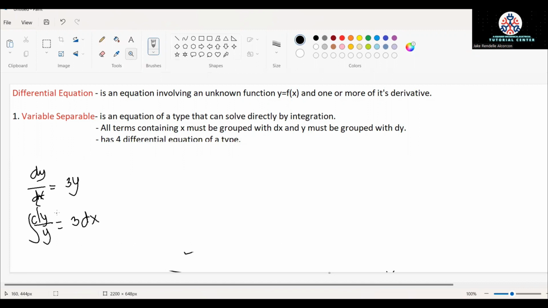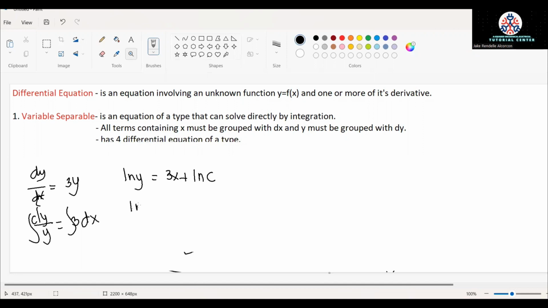Then let's integrate both sides. The integral of dy over y is ln y, equals the integral of 3, which is 3x, plus ln c.